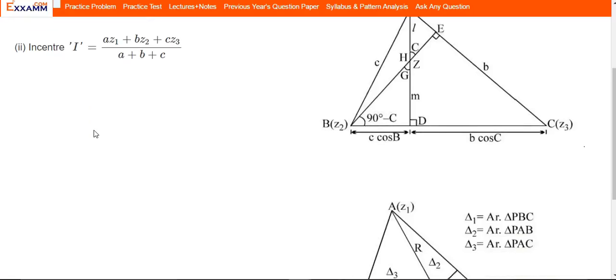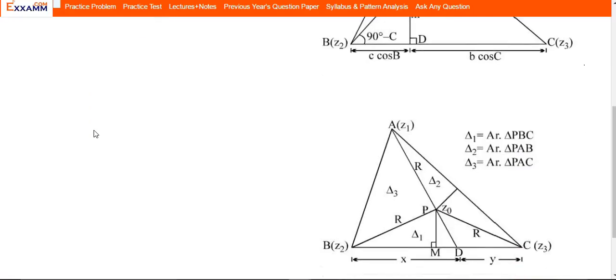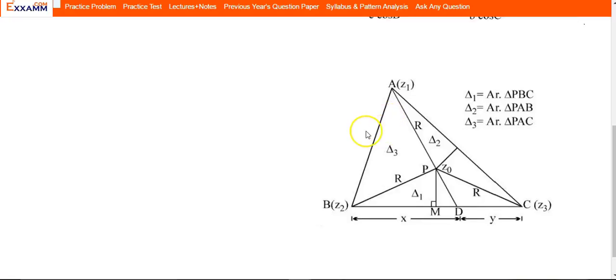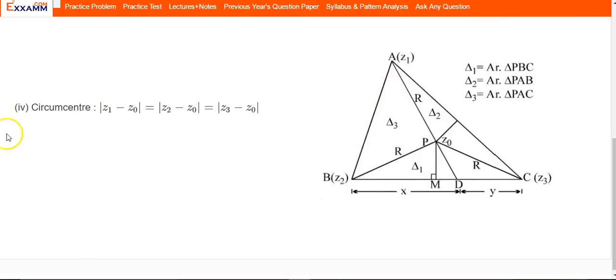Now what is the coordinate of circumcenter? Circumcenter is a point which is equidistant from the three vertices of the triangle.